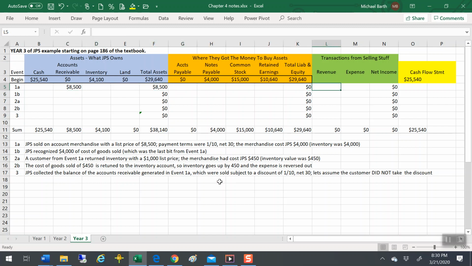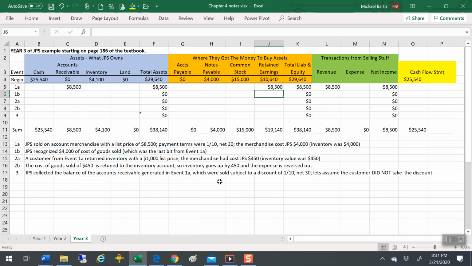It's still a sale, so revenue would be $8,500. All right, so retained earnings is $8,500. We ain't got the cash yet, but we're going to get the cash. It's assumed that you're going to get the cash. All right, so our balance sheet still balances.